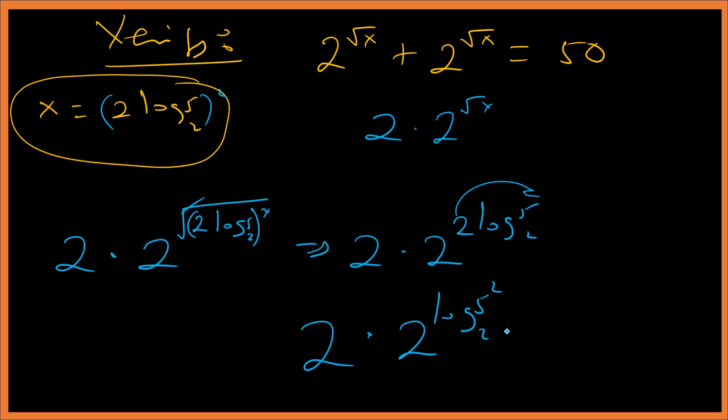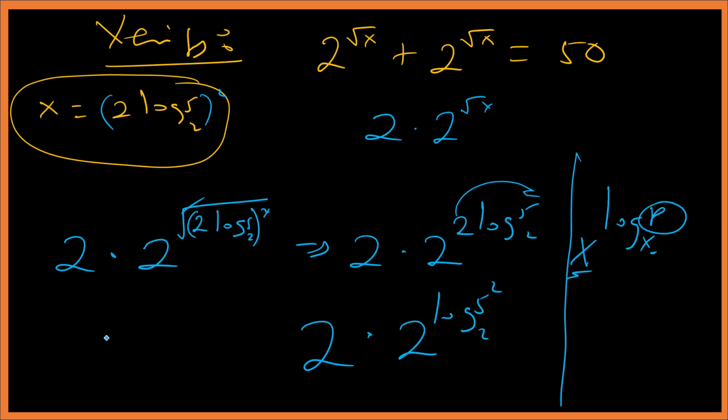Now there's a property in logarithm that we need to take note of: x raised to log p to base x. So we have x, so the answer is p. So 2 raised to that, we have the base 2, so the answer is 5 squared.